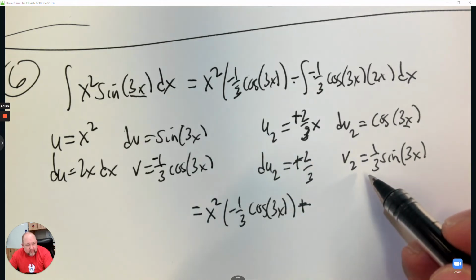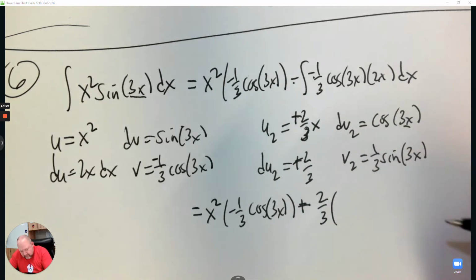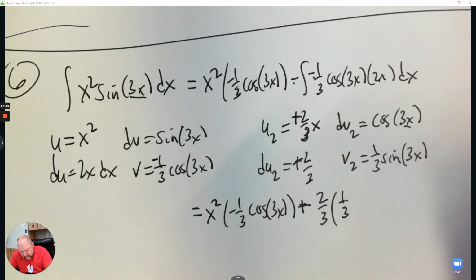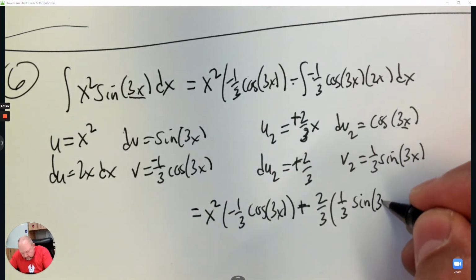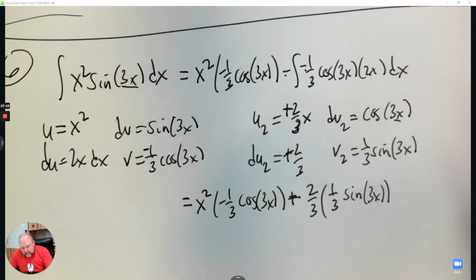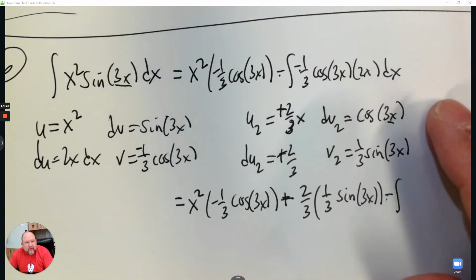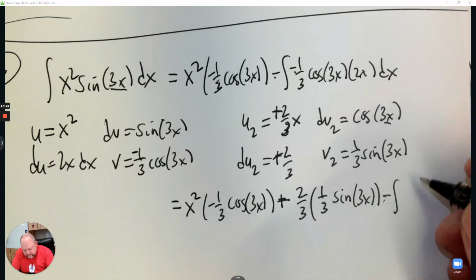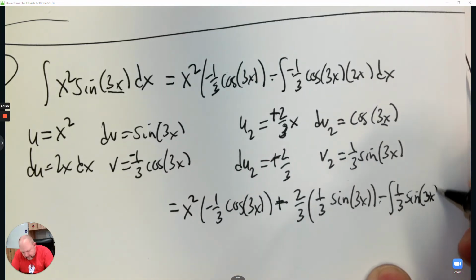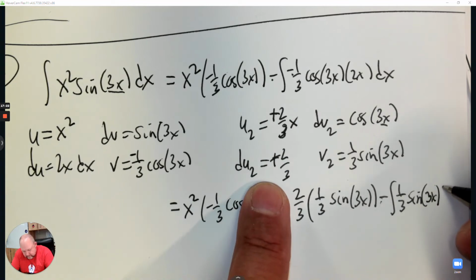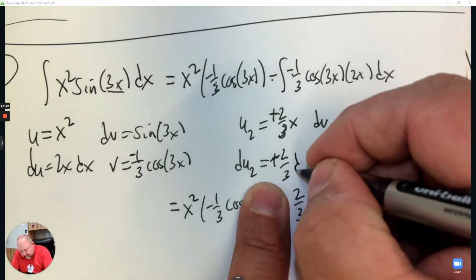Now u times v is positive 2/3 and 1/3 sine 3x minus the integration of v du. Oop, I need a dx there.